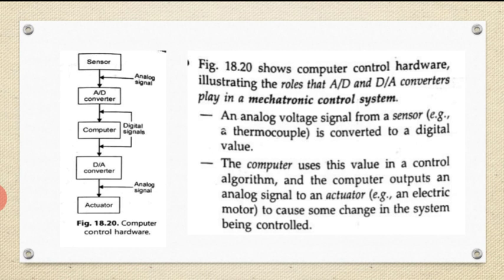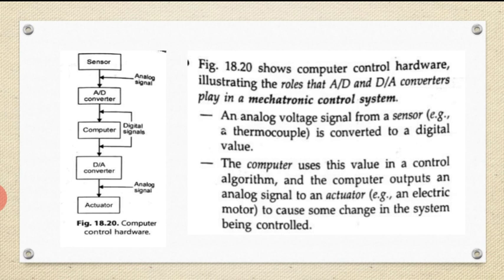Here the analog voltage signal from a sensor, for example a thermocouple, is converted to a digital value and fed to the computer.